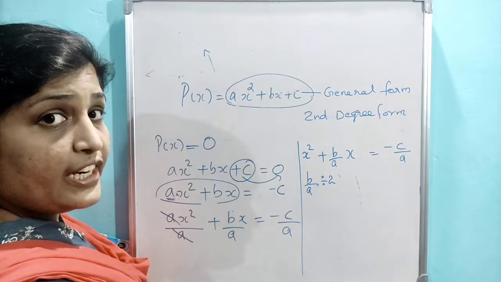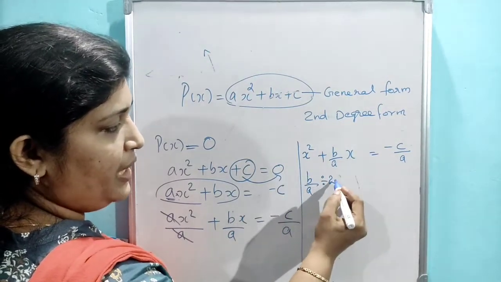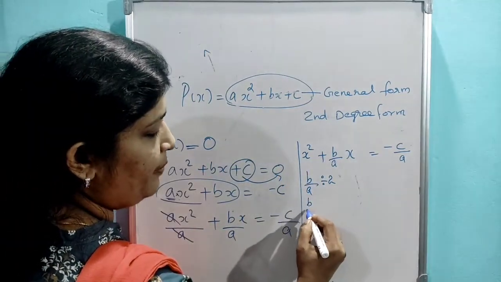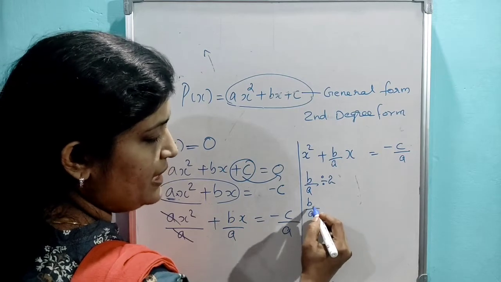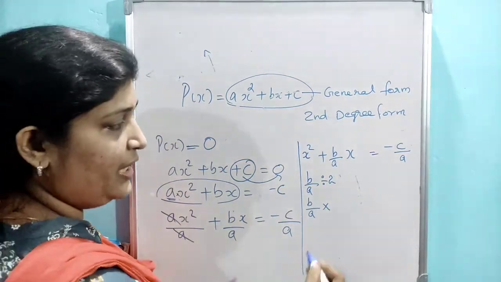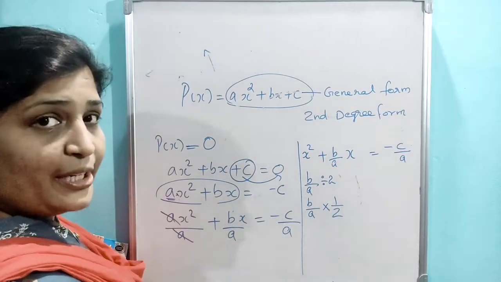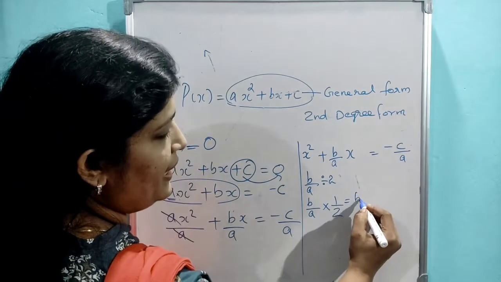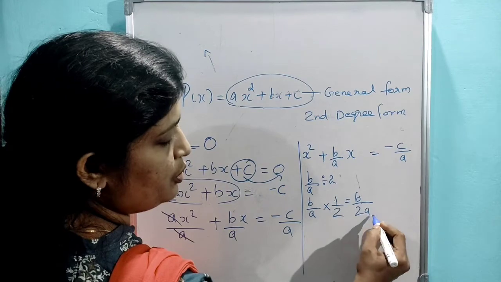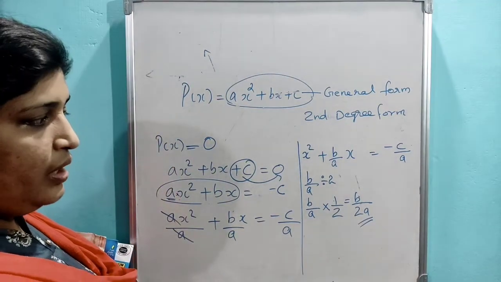If we divide a fraction by a number, we multiply the fraction by the reciprocal of the number. What is the reciprocal of 2? It is 1 by 2. So half of b by a is equal to b into 1, which is b, over a into 2, which is 2a. That is b by 2a.